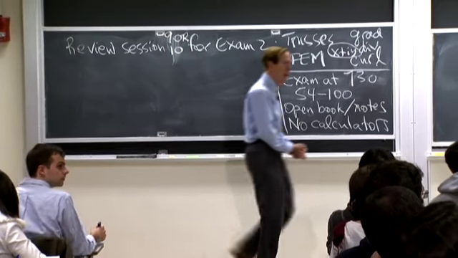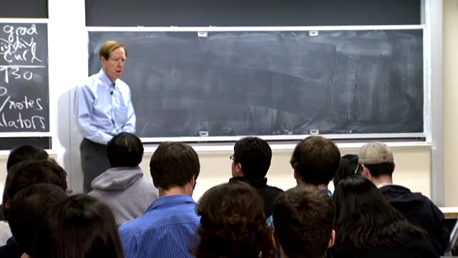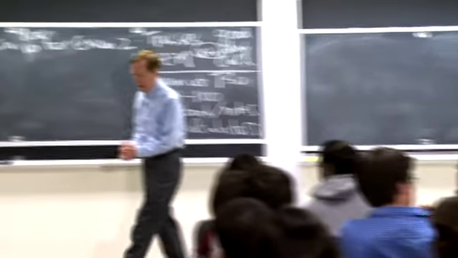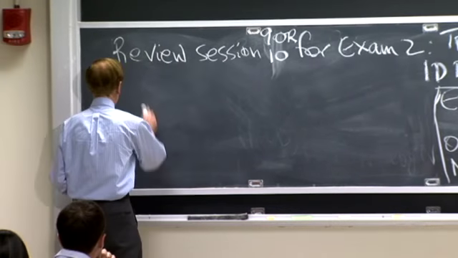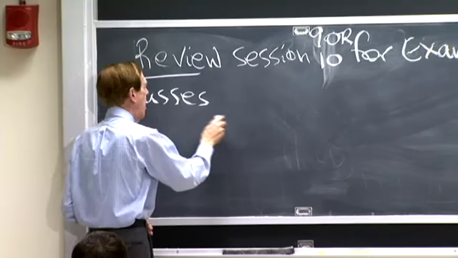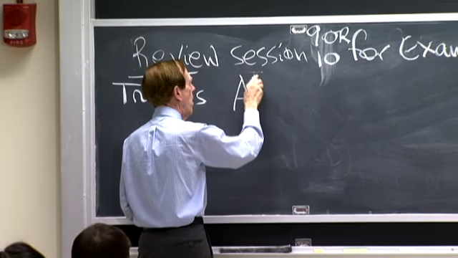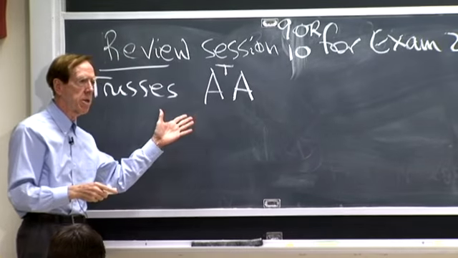Is there any way to construct A transpose A for a truss without knowing all of A? Let's see. So A transpose A for a truss, that's a good question. I guess I don't know any magic tricks either.